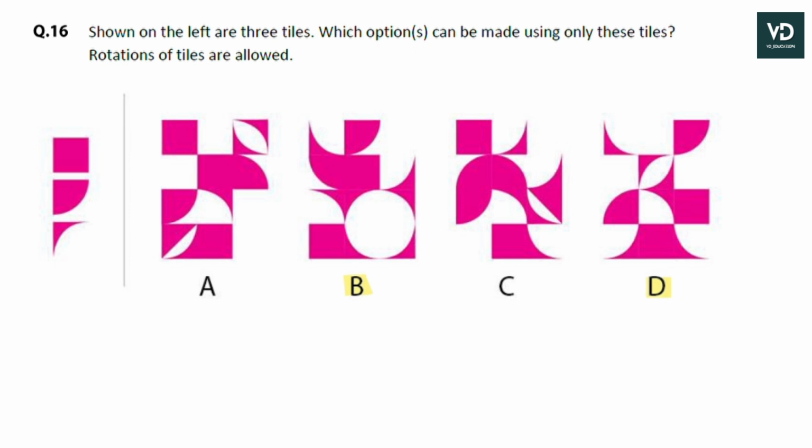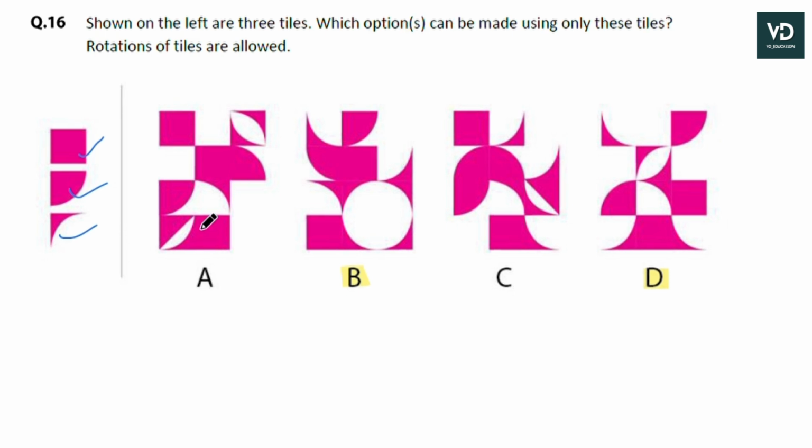16th question, shown on the left are 3 tiles. Which option can be made using these tiles? Rotation of a tile is allowed. Okay, in this type of question they ask for the rotation of tiles, so let us select the correct options, which are B and D. Okay, and the incorrect options are E and C. To select incorrect options, here we can see there is a square, a quarter circle, and some kind of quarter circle with negative option here.